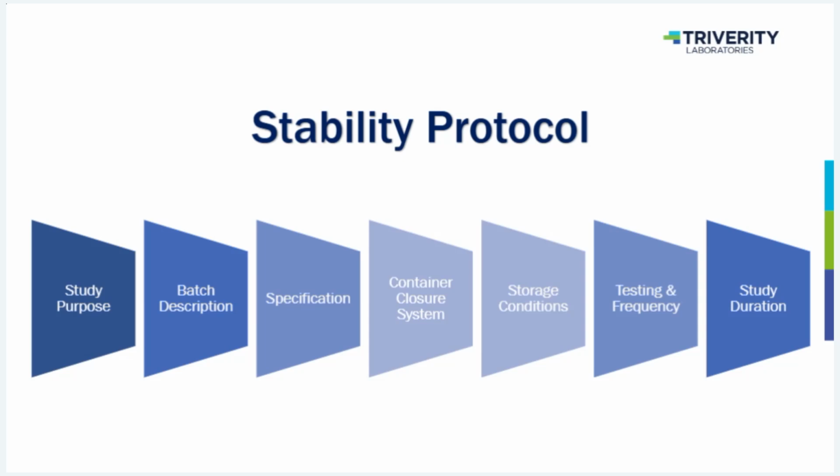Your container closure system and the orientation that you're going to be storing the batches at. The storage conditions, are you testing at zone 2, zone 4B, accelerated? Are you putting any intermediates up? How are you going to trigger intermediate testing? And then your testing frequency. What are the time points for your study and then study duration?